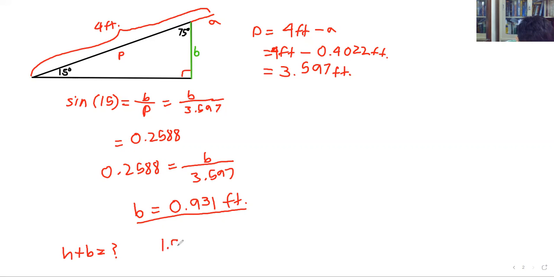Substitute 1.553 feet plus 0.931 feet equals 2.484 feet. Okay, so that's your answer.